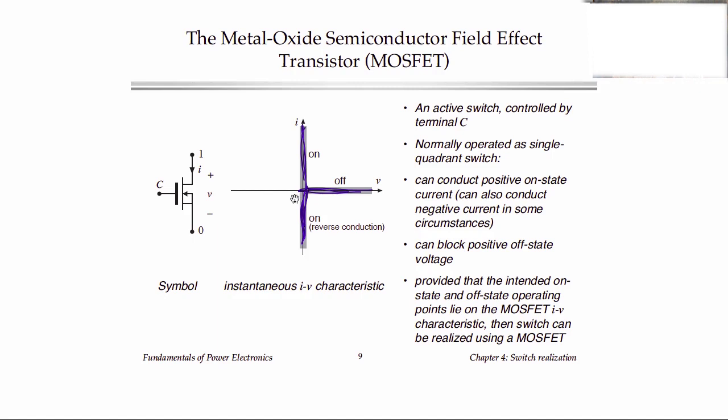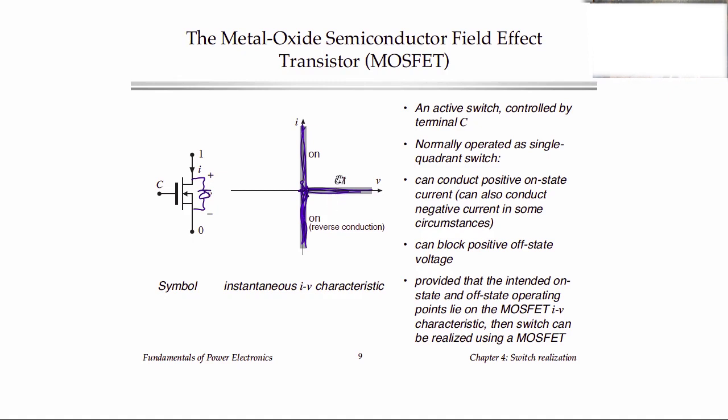But in addition to that, the MOSFET also has what's called a body diode, that is a built-in diode that comes from shorting the substrate of the MOSFET to the source of the MOSFET, that adds an extra p-n junction that effectively acts like a diode in parallel with the MOSFET channel. And so that diode can also conduct reverse current. So in that sense, the MOSFET is a current bidirectional device.